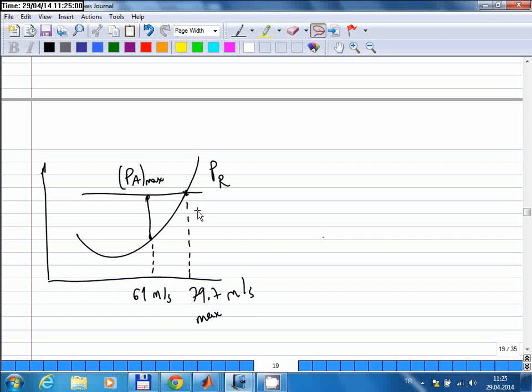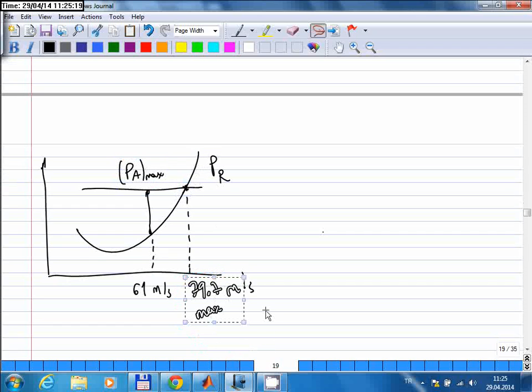Remember, for a steady climb, you need excess power, right? But at this speed, the power required is already equal to the maximum engine power, right? So you cannot really have excess power at this speed. So that means if an aircraft flies at its maximum velocity at a given altitude, that aircraft cannot perform a climb.